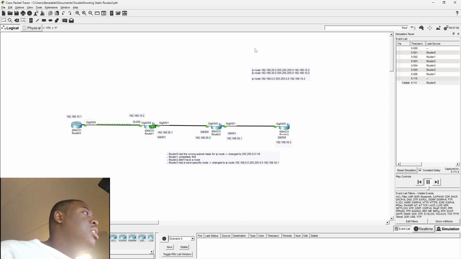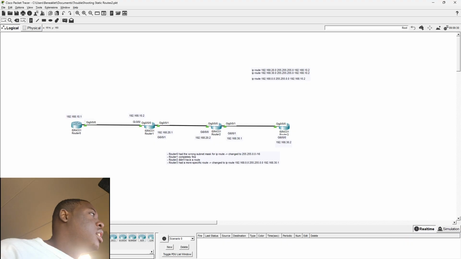Both have their own uses, and let me actually show you one command I mentioned. I believe it's show route.